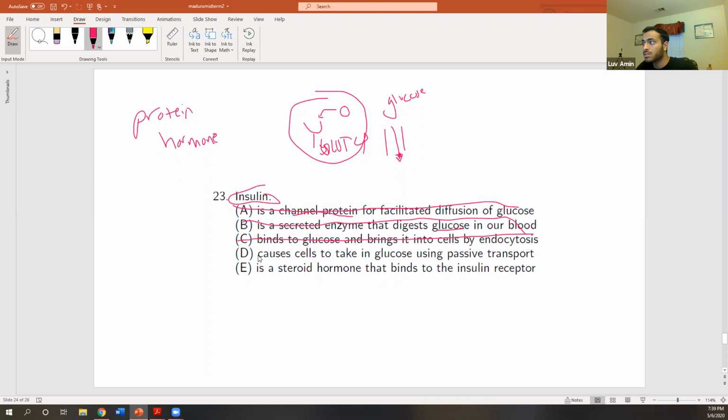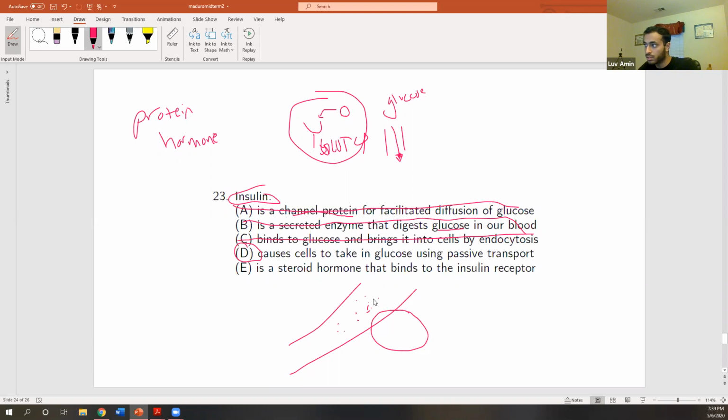D: causes cells to take in glucose using passive transport. Exactly. So this is essentially what we're talking about, right? Let's break it down. Say this is our bloodstream, and we have a bunch of glucose. These dots are the glucose, right? Say this is my cell right here. I don't have glucose inside. So general rule of what we learned: diffusion, high concentration to low concentration.